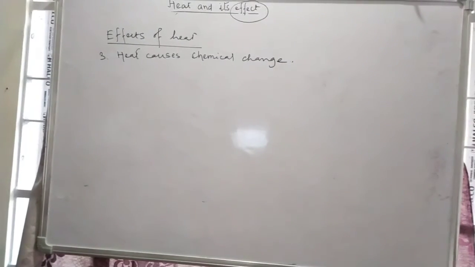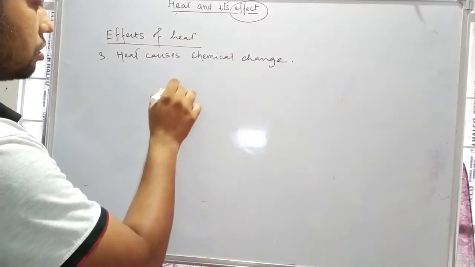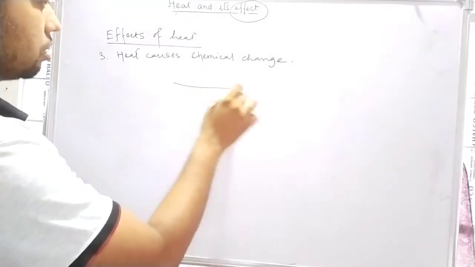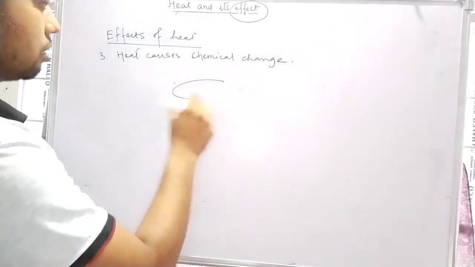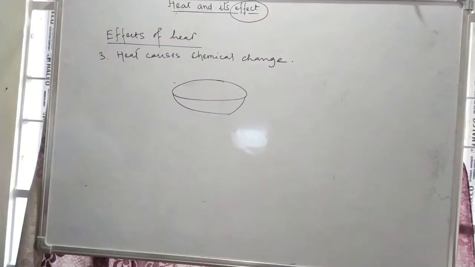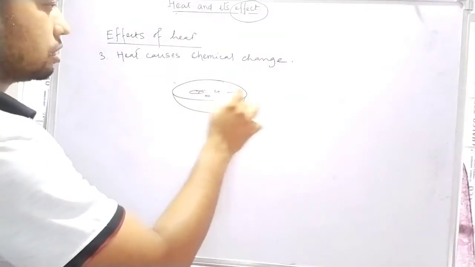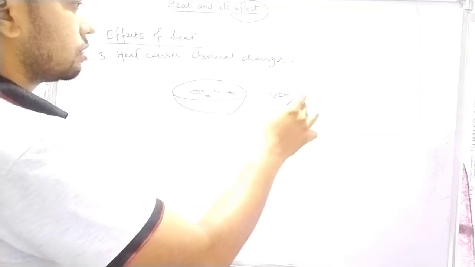See, when we cook something, suppose this is our cooking utensil. Okay. So we add some vegetables here. Okay, here vegetables.